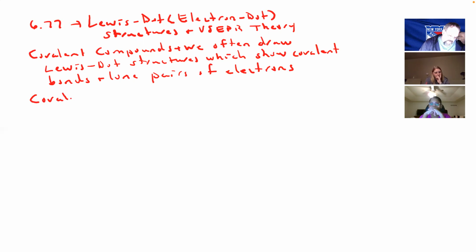In terms of covalent bonds, you have single, double, and triple bonds.